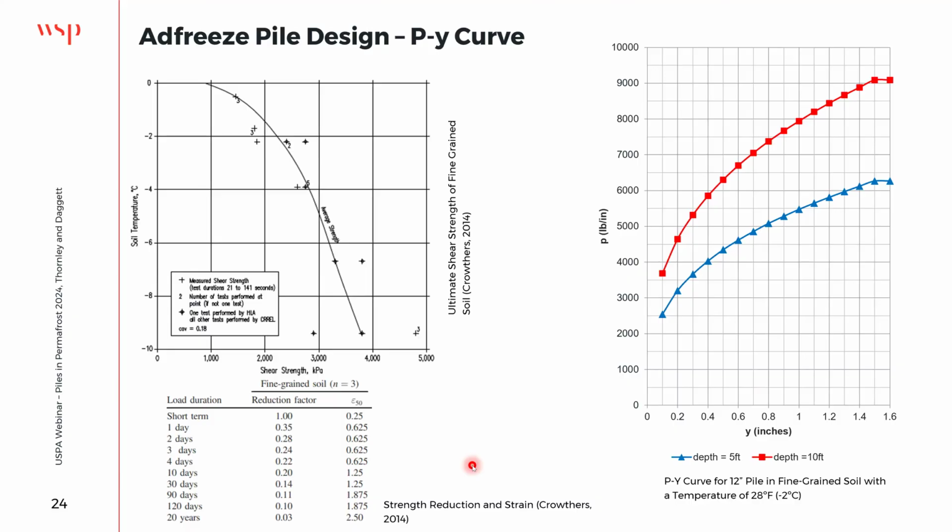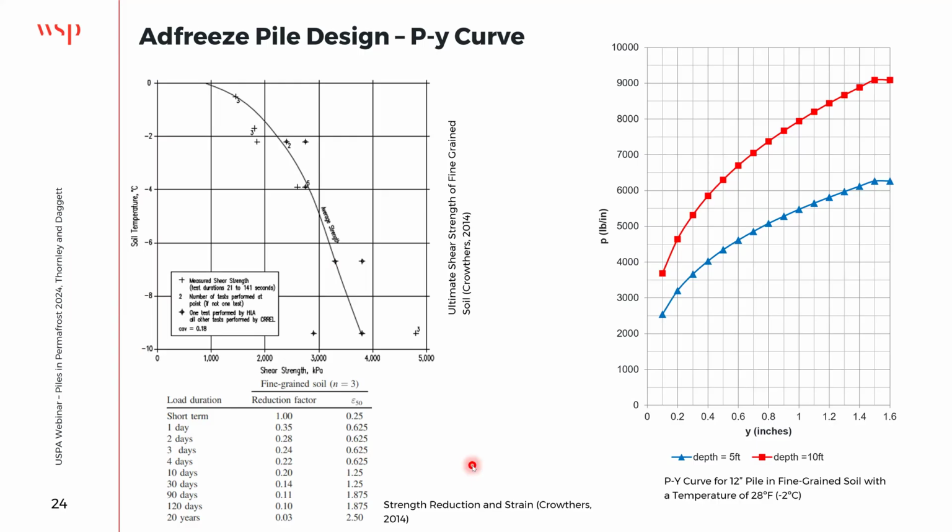We're not going to get into the details of that, but the p-y curve is essentially the load per inch versus inches, telling you what the soil performance is, and you're going to find a series of these curves at different depths to relate to your pile.